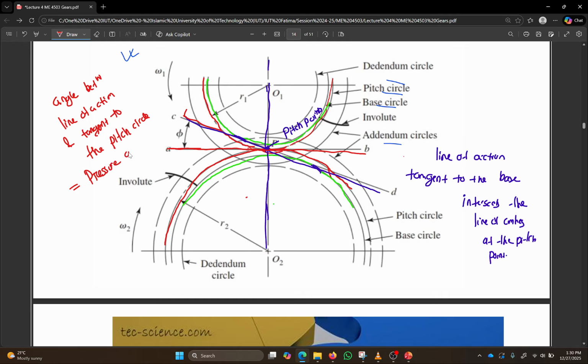And this pressure angle is another very important dimension to design gears. This angle denoted by phi is called the pressure angle.